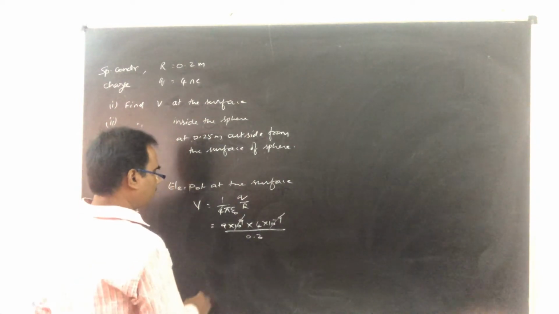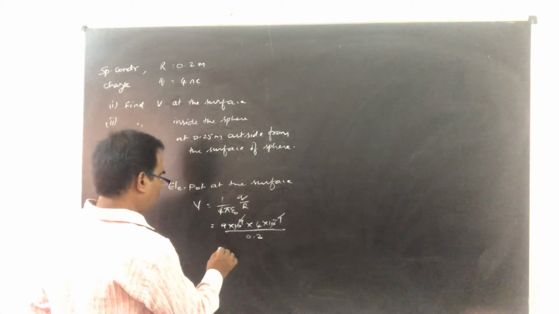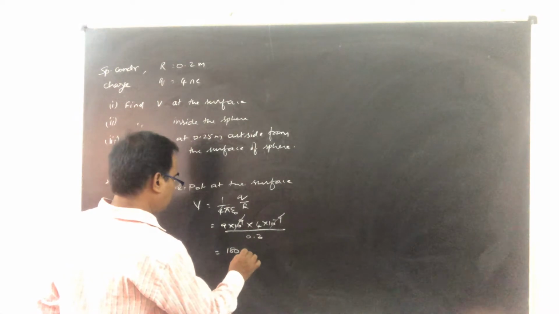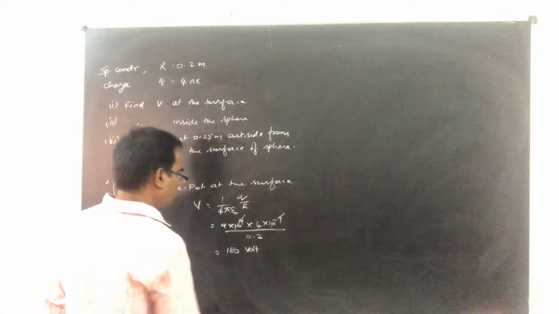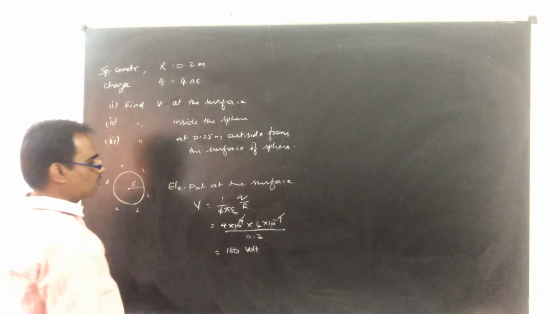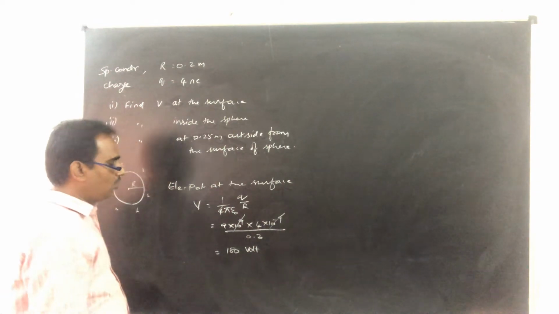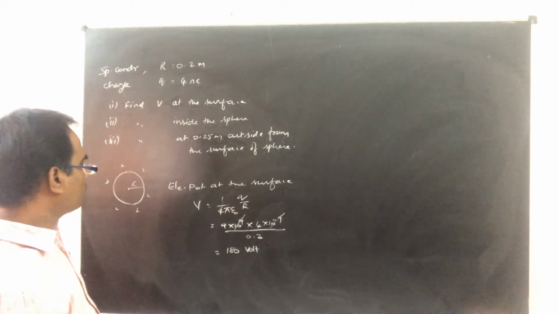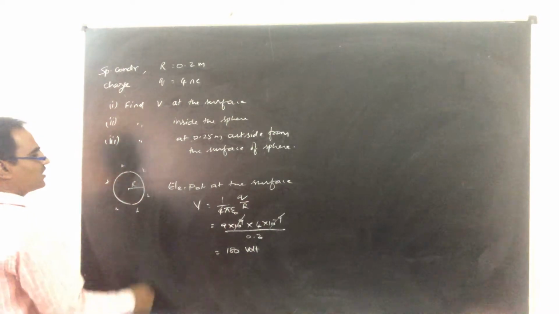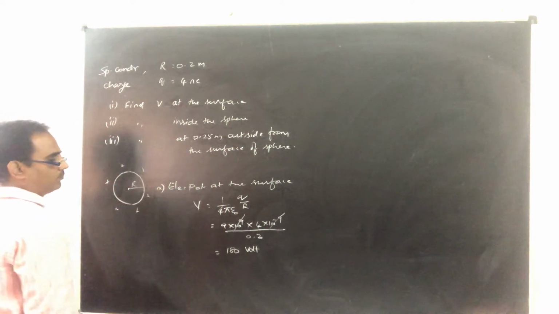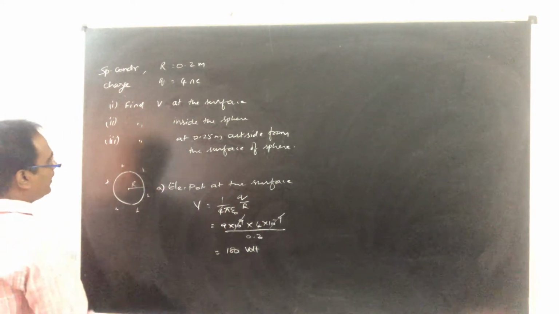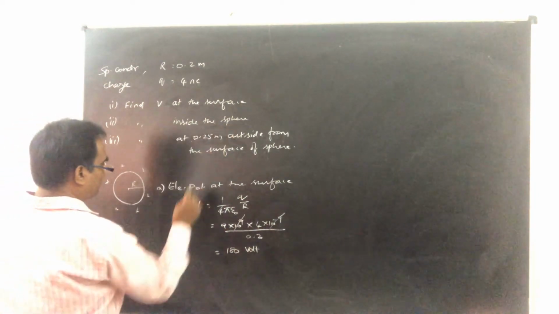So 36 divided by 0.2 becomes 180 volt. So this is the solution to the first part of the problem. Next, what is the electric potential inside the sphere?